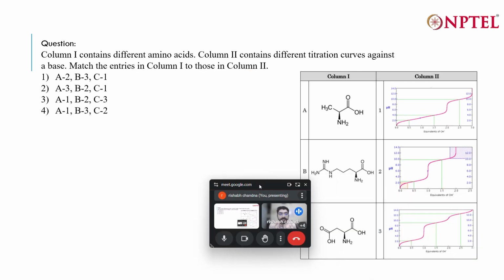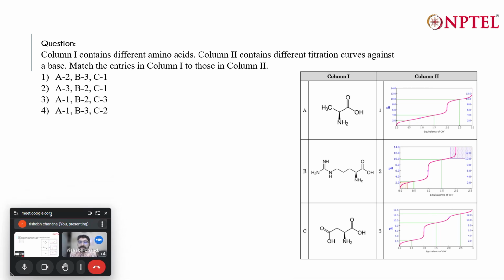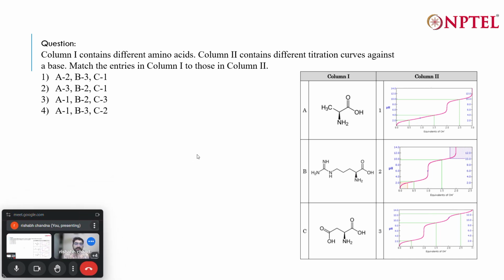So here are the different titration curves of different amino acids. Three amino acids are given here. You have to match column 1 with column 2. So column 1 is the amino acid, and column 2 is the titration curve of different amino acids. So you have to match both the things. So what can be the correct answer?